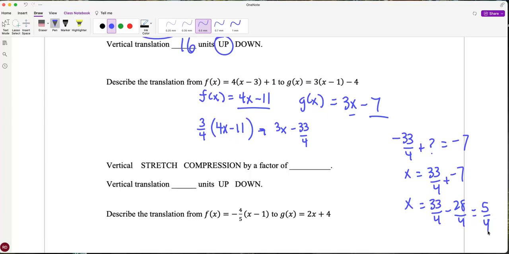So what happens in this transformation is I multiply by 3/4, so it's going to be 3/4 times (4x minus 11) plus 5/4. So that means I'm going to compress. I'm multiplying by 3/4, and then I'm moving the graph 5/4 up.